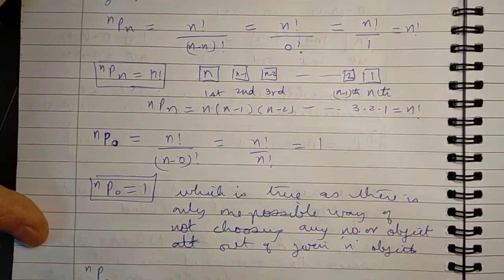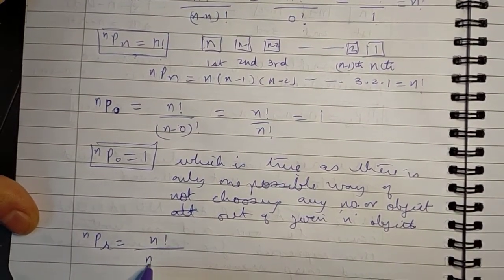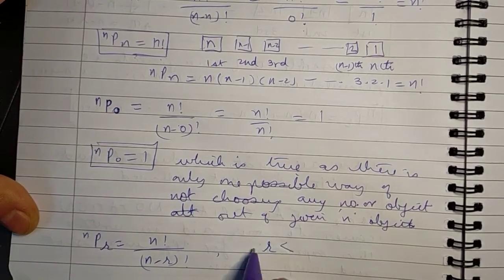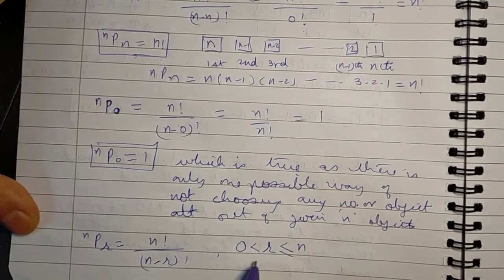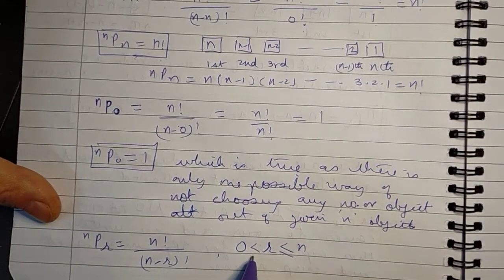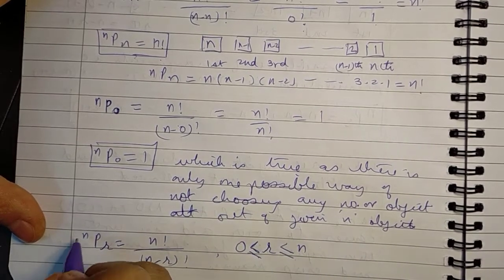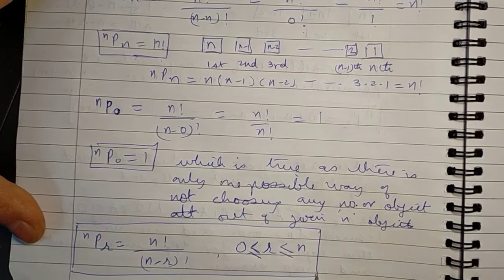And so this result can be generalized, we can write n factorial over (n minus r) factorial, where we had started this definition with r lying between 0 and n, including n but not including 0. So we can further generalize it to include this result even for r equal to 0.